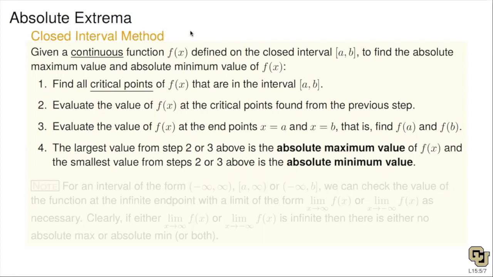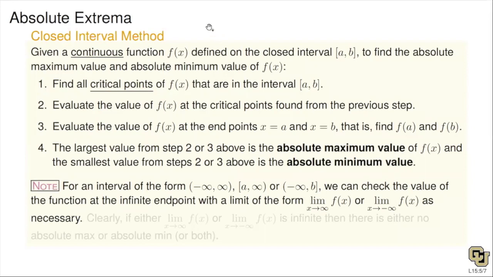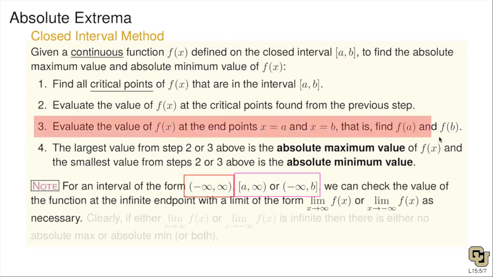Let me just make one comment. The book only talks about closed intervals. I want to talk about what if you have an infinite interval or half closed. So for an interval like minus infinity to infinity, or a to infinity, or negative infinity to b, we do the same procedure, but when it comes to checking the endpoints, so when it comes to step 3, which is evaluate f of x at the endpoints, the way we do it here is we would use a limit.